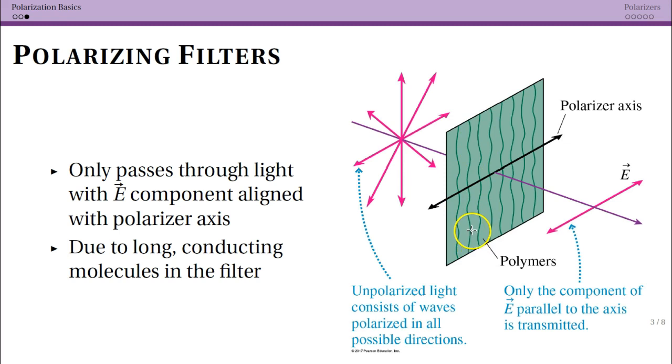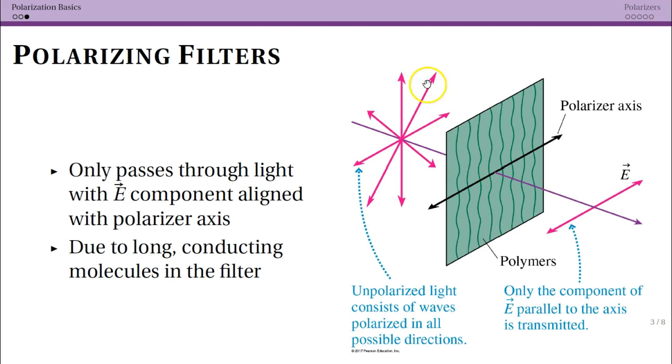However, light with an electric field orientation that's perpendicular will pass through. So every polarizer has an axis, and that is basically what orientation of electric field it lets through. And you can think of this as blocking the electric field that is perpendicular to the axis.